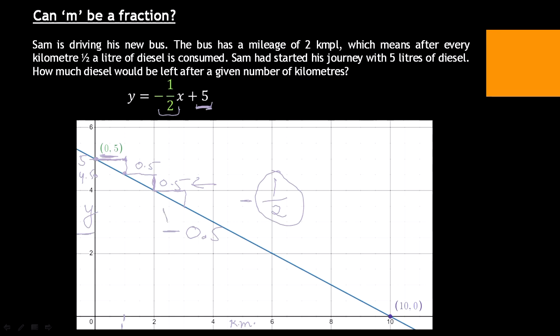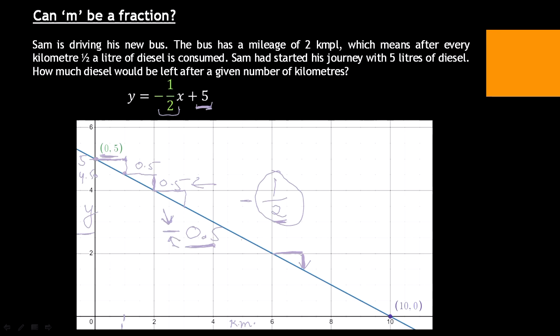That reducing is denoted by this negative sign, and 0.5 or this fractional value simply tells us that the rate is fractional, or it simply means that after every 1 unit in the x direction we move a fraction of a unit in the y direction. It is going downwards because it is negative.